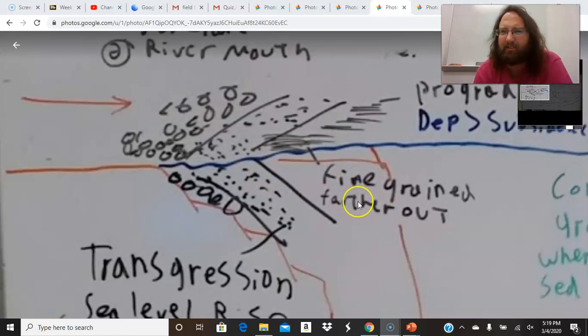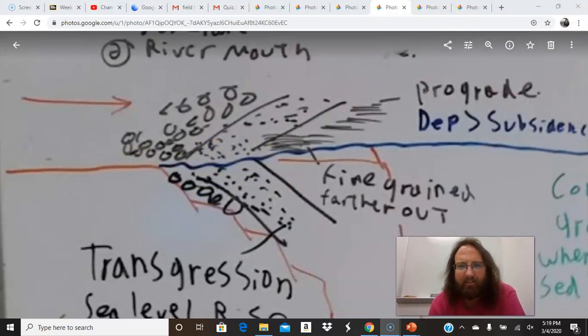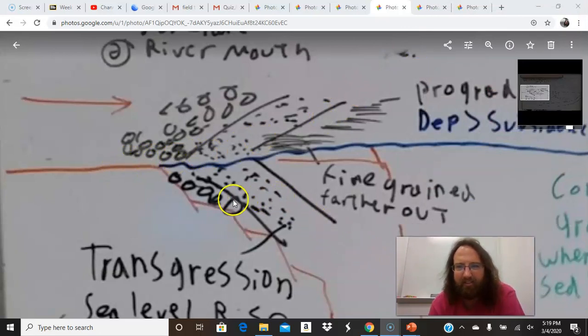But the reality is, sea level is going to rise and fall. Because the land generally slopes up as you go inland in most parts of the continents, as sea level rises, you're going to see finer grained sediments popping up further and further away from the present day shoreline, or closer towards the heart of the continent.